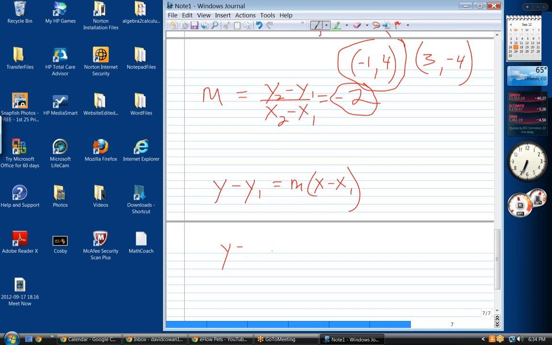So the y point there is 4. We know the slope is -2, and the x point is -1. So you just leave it there, yeah, so there's our equation, and that's in point-slope format.